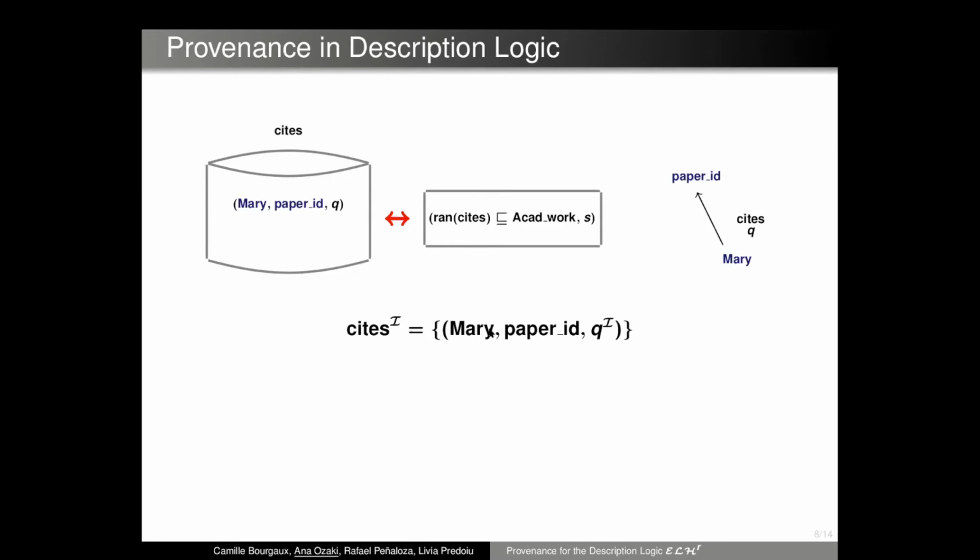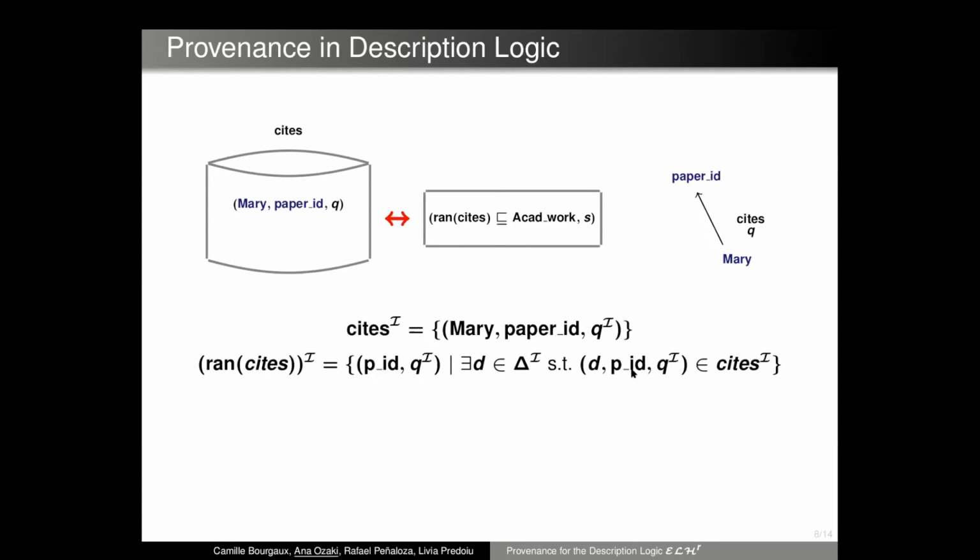So the individual names here I will just map to themselves, but the provenance symbol, I will have this I operator here. And here the semantics of range R is going to be the set of elements E with provenance M, such that there is an element of the domain, which is D, and D and E is in the extension of R with provenance M.